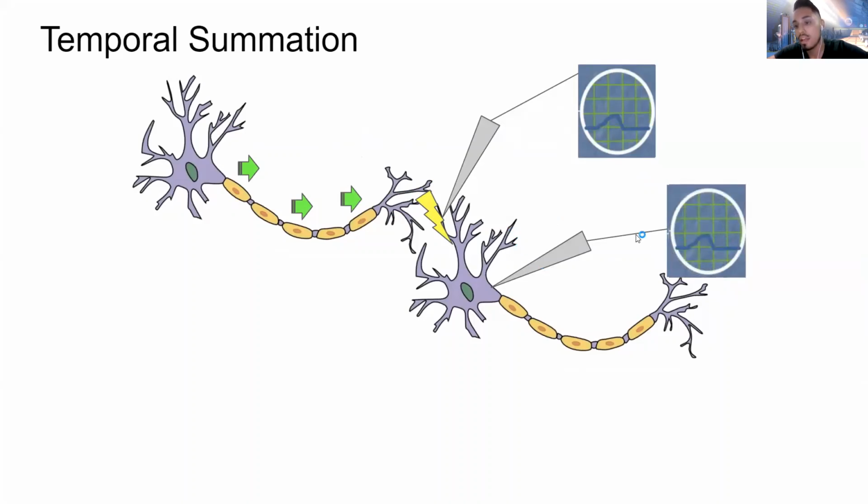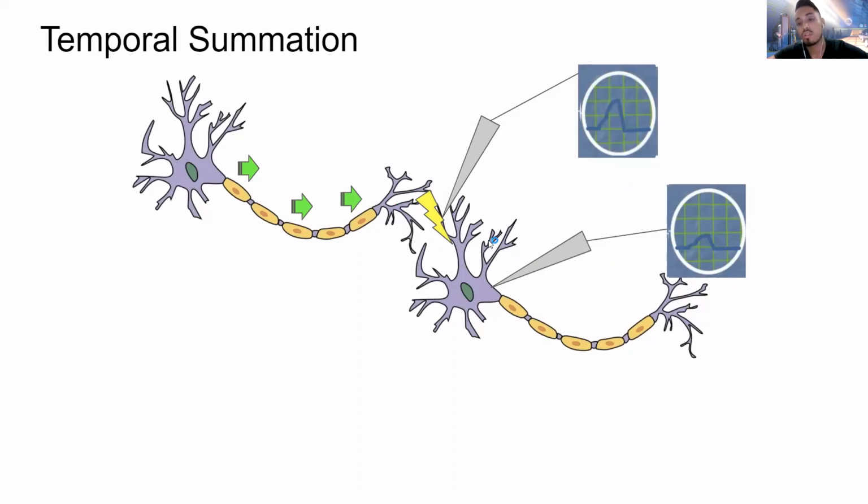However, this peak is not strong enough to cross threshold and cause the postsynaptic neuron to fire. So you send another one in a short window of time, propagating down the presynaptic neuron, across the synapse, and this time it generates a bigger peak, which makes its way down to the axon hillock.